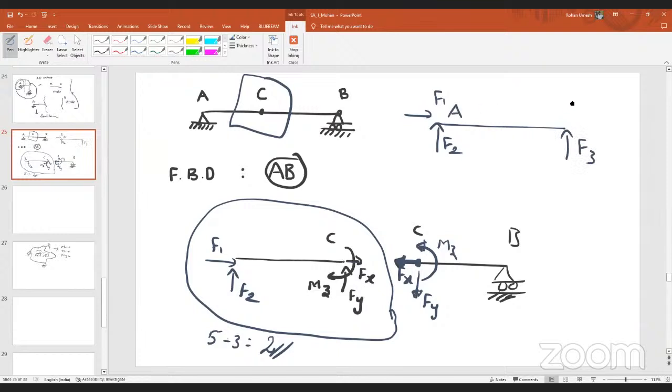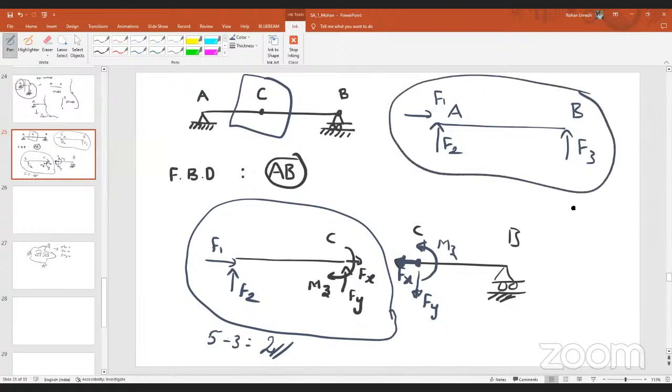This is point A, this is point B. If I apply the equilibrium equations for the entire beam AB, can I solve F1, F2, F3? Yes, sir. If I use summation of x equals 0, summation of y equals 0, and summation of z equals 0, can I find F1, F2, F3? Yes, we can, sir. So, for the entire structure, if I apply the equilibrium equations, I can get F1, F2, F3.